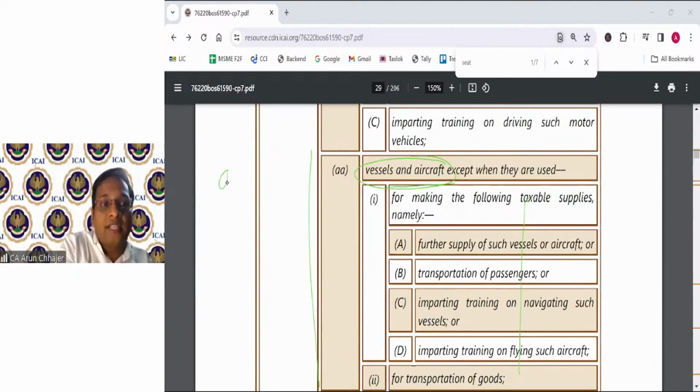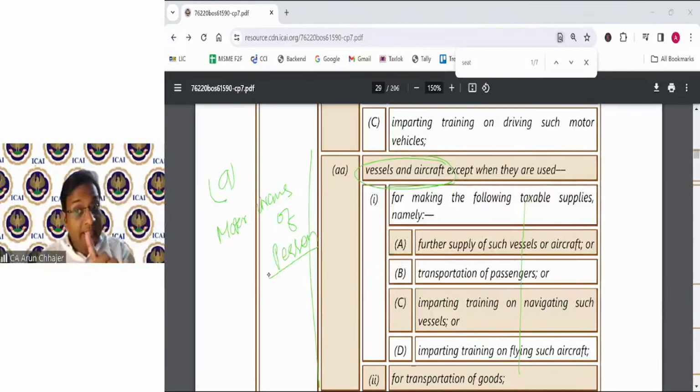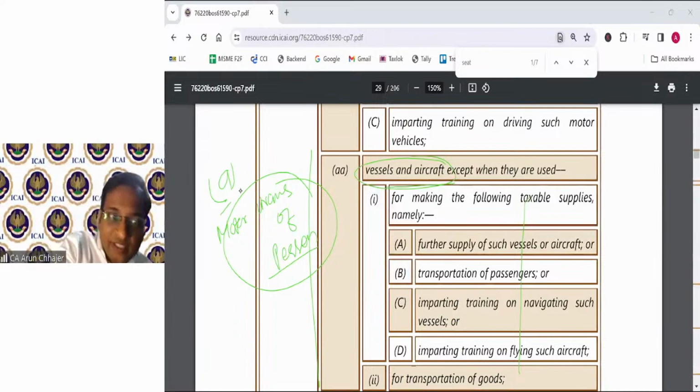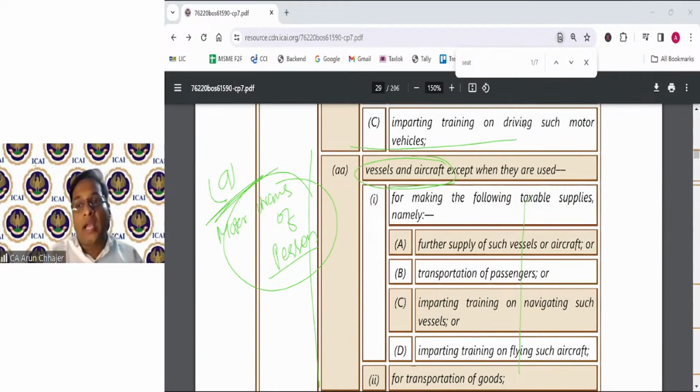But in clause A, it is saying motor vehicle used for transportation of passengers, transportation of persons. It means in the drafting itself, they have blocked only passenger vehicles. It means they have not blocked goods transportation vehicles in the first clause. Therefore, there is no requirement to add a separate exception.